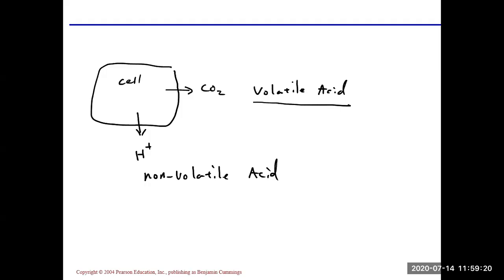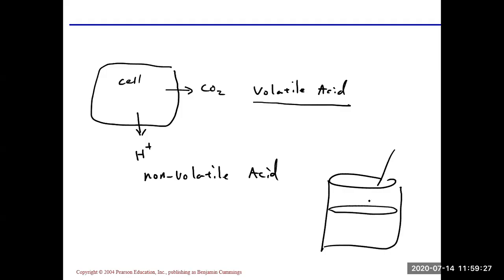Or if you have the water in a beaker and you have maybe a straw and you blow carbon dioxide in here, these bubbles start forming. You could see that. That means it's a volatile acid. Otherwise, if you wouldn't see anything, it would just get dissolved and that's it. But you see these bubbles start forming.